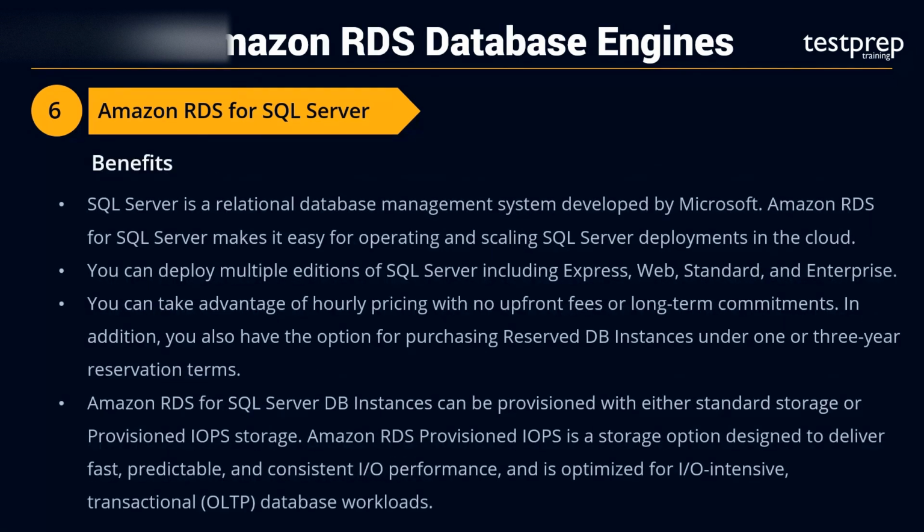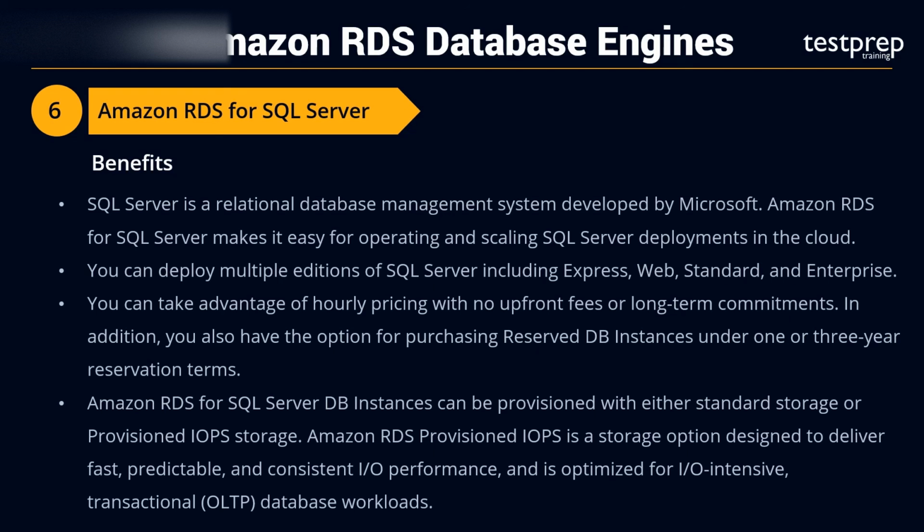Amazon RDS for SQL Server provides the following benefits. 1. Amazon RDS for SQL Server makes it easy to operate and scale SQL Server deployments in the cloud. 2. You can deploy multiple editions of SQL Server including Express, Web, Standard, and Enterprise. 3.